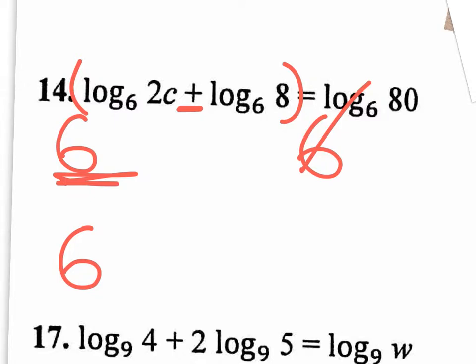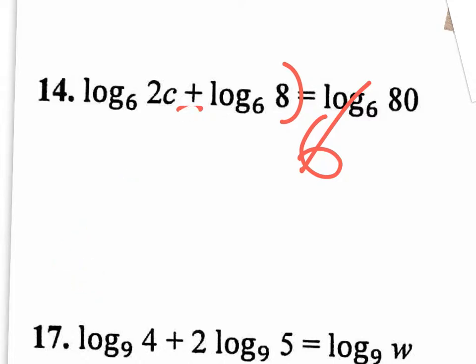So you can't do that unless you have a single log, but since you have pluses and other terms, you're not going to be able to just raise both sides to be base 6 to get rid of the log base 6. So last week we had easy equations. These are a little bit more fun. Now what do I mean by a little bit more fun? We're going to have to use the properties.